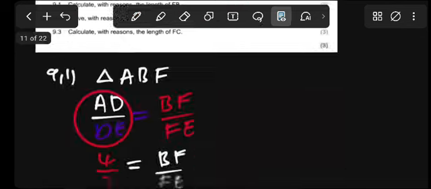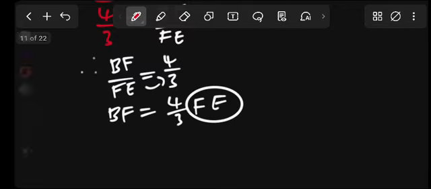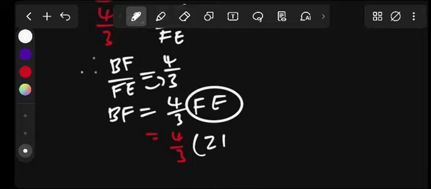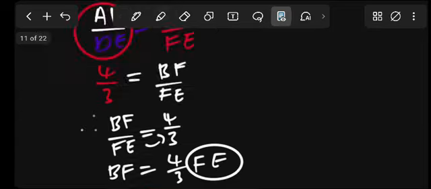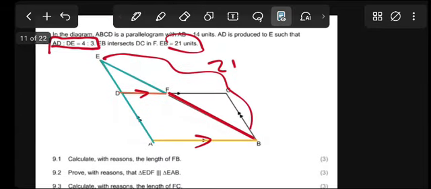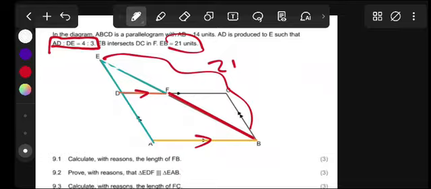So we can simply say 4/3 times FE, where FE is the same as 21 minus FB. I'm talking about this length.